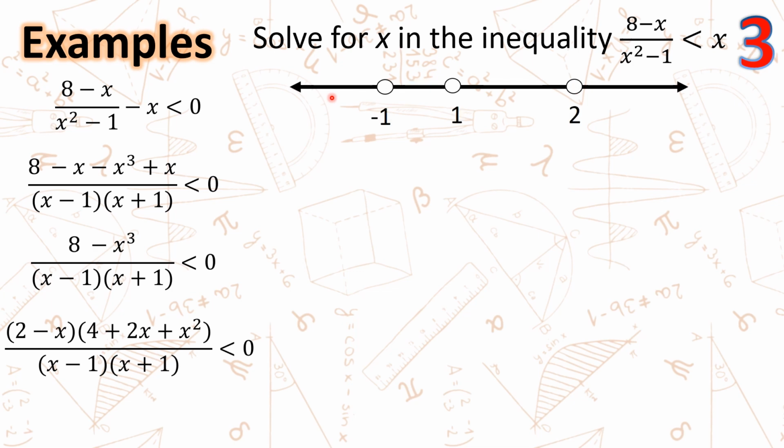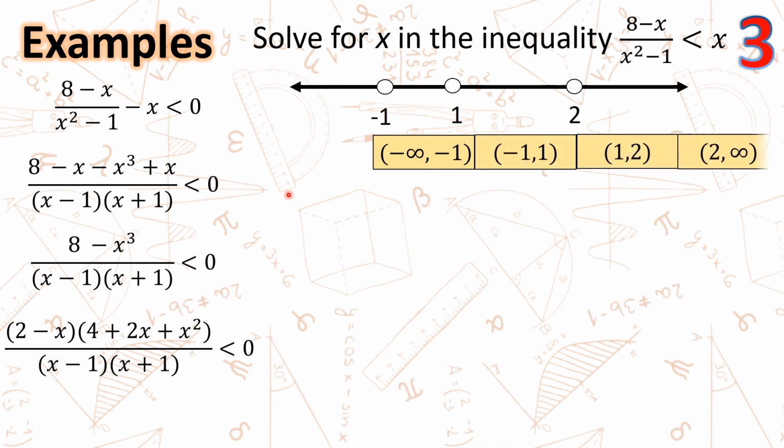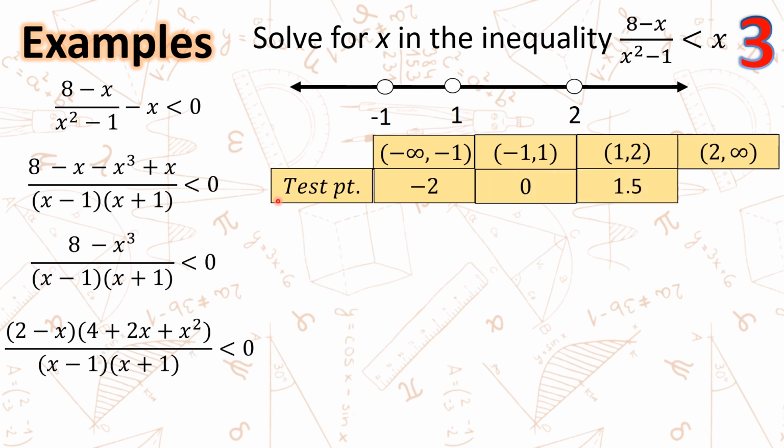That divides the number line into 4 intervals, which are negative infinity to negative 1, negative 1 to 1, 1 to 2, and 2 to positive infinity. Let us choose our test points. At negative infinity to negative 1 we'll have negative 2, negative 1 to 1 we'll have 0, 1 to 2 will have test point 1.5, and 3 at 2 to positive infinity.